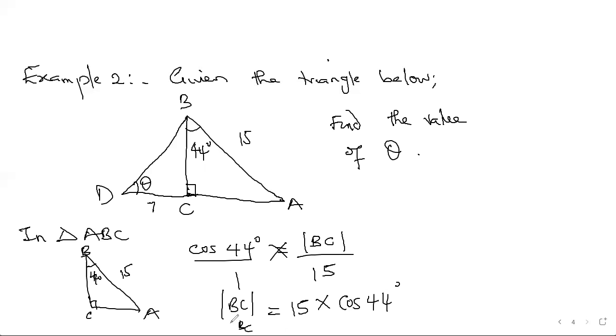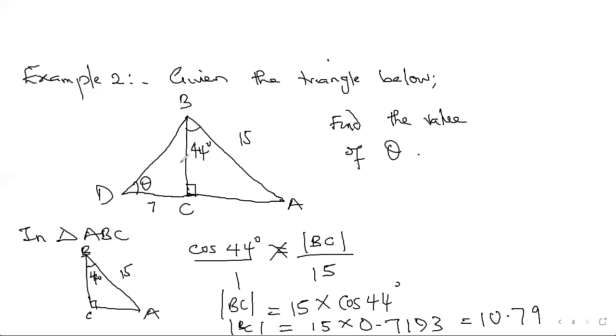Cos 44 degrees gives us 0.7193. We multiply that by 15, then you get 10.79. So that is BC.